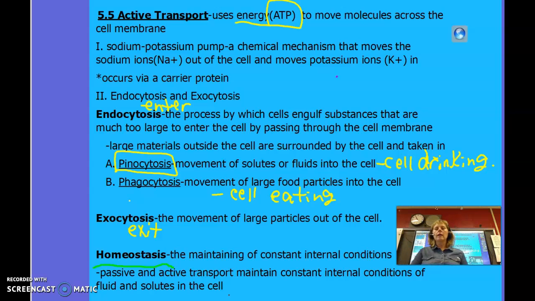So when we talk about regulating oxygen, for example, in our bodies, we take oxygen into our lungs, but it's not like our lungs need oxygen, okay? Why do we take oxygen into our lungs? So that it can get into the cells.